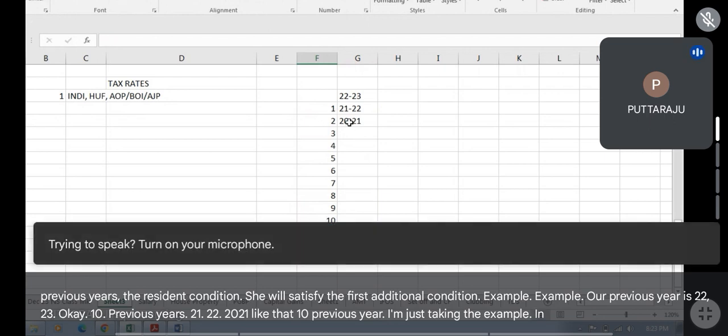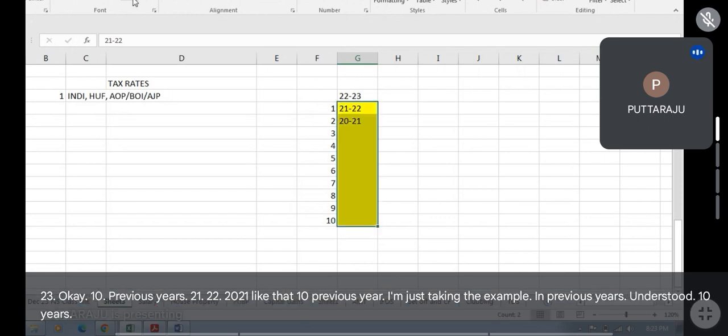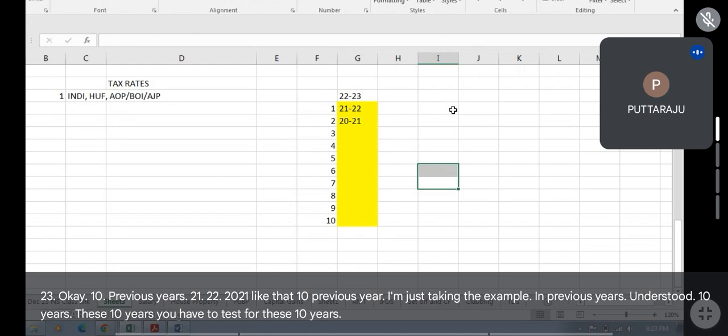Understood? These 10 years, you have to test for these 10 years, basic conditions 1 and 2 both.